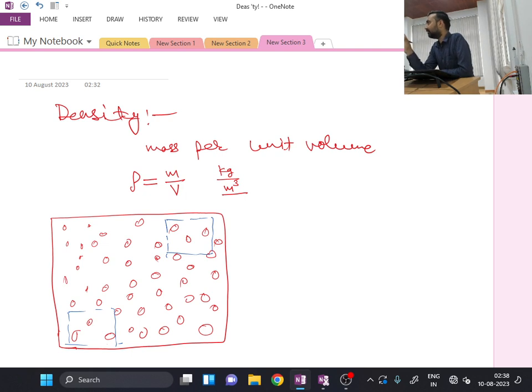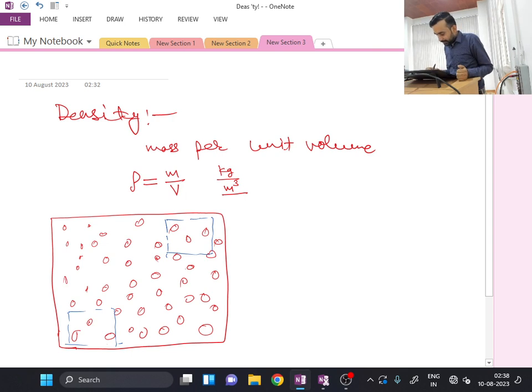Is this one clear? Okay, on the contrary, if I take some volume only like this, then what will happen? Here it is enclosing 2, there can be some portion where it is not even enclosing a single molecule.